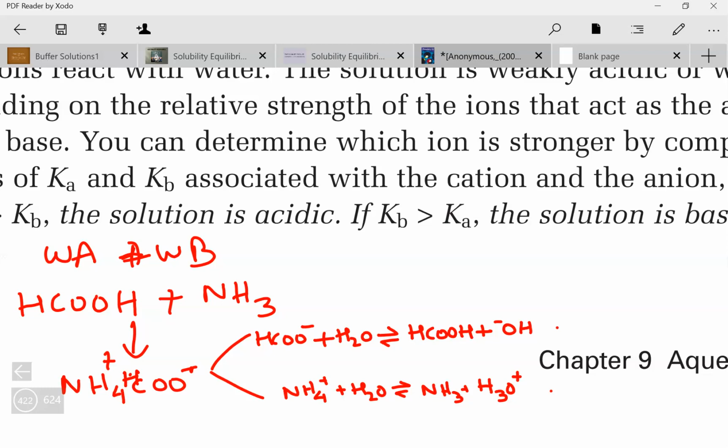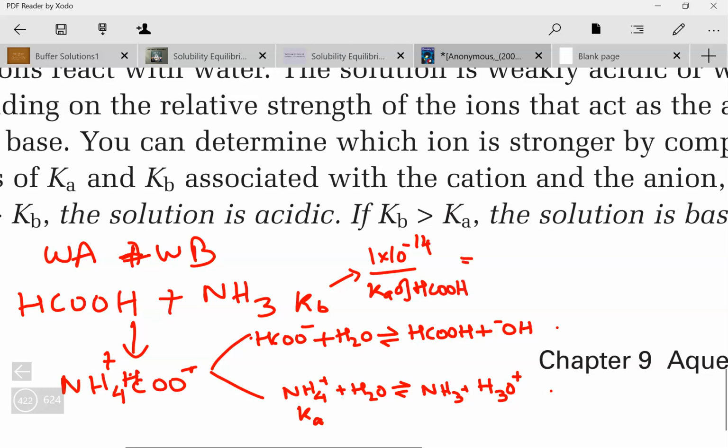Basically, we have to see which one is more. So we have to compare the Kb of methanoate ion and the Ka of ammonium ion. So how do I find the Kb of HCOO minus? I do 1 times 10 to the power negative 14 divided by Ka of methanoic acid, because we just went over that.